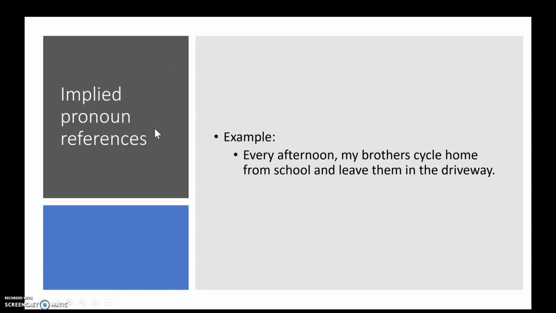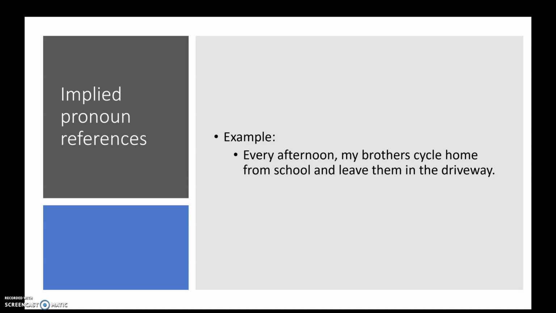Implied pronoun references occur when a situation kind of gives you information, but you never state the antecedent. So, for example, every afternoon my brothers cycle home from school and leave them in the driveway. Well, we can tell from the context that what the brothers are probably leaving in the driveway is the bicycles.